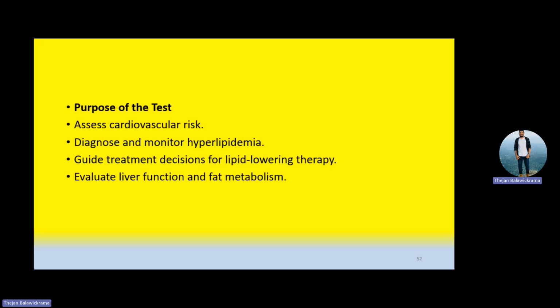And also, with the test, we can have an idea about the last point I'm talking about: it evaluates liver function and fat metabolism. When it comes to cholesterol, fat, and lipid-related things, the liver plays the major role. So we can have an idea about how well the liver is functioning. That is also important.